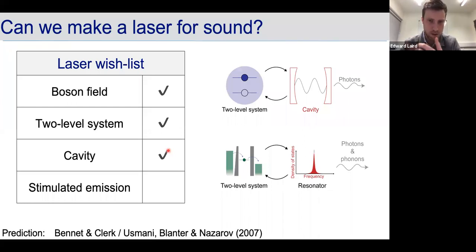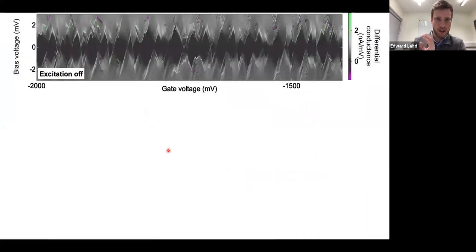So what these papers discuss is that you can set up something that's equivalent to stimulated emission in this system here, and I will explain that in a moment. But let me first tell you how we identify a coherent oscillator in this device.